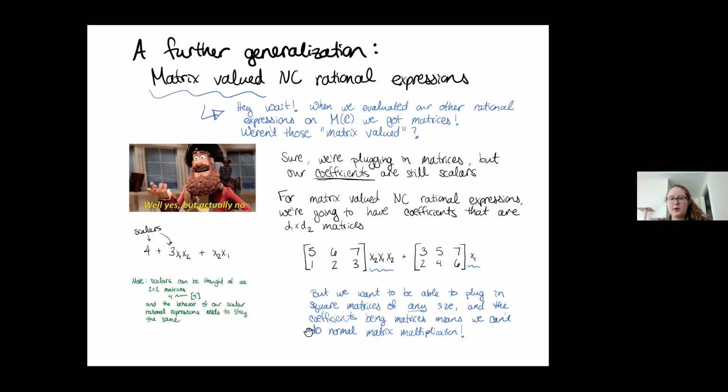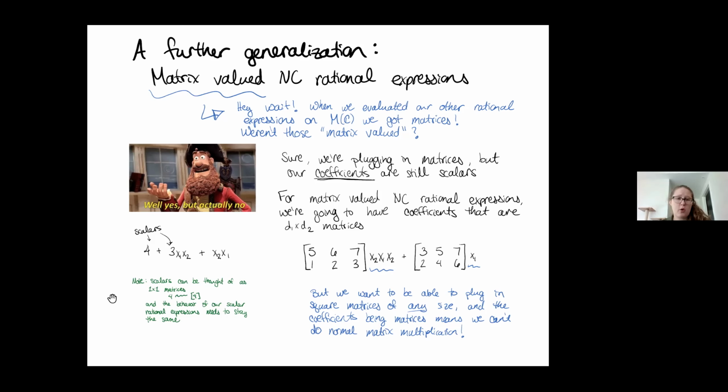If these are square matrices, and the things I'm plugging in are square matrices, then we have some distress because we then have to care about the size of our matrices. But the trick is that we're not going to do normal matrix multiplication between these coefficient matrices and our variables. We're going to do tensors.